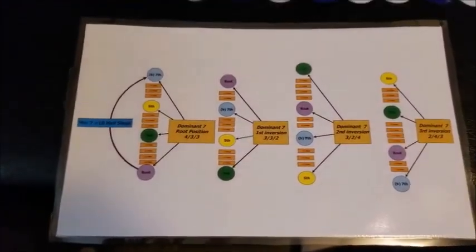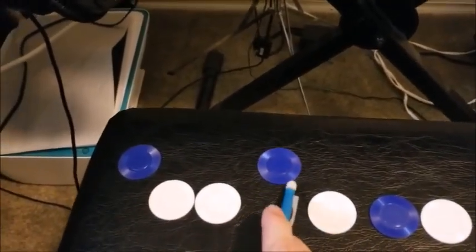Again, our first inversion is going to be 3, 3, 2 position. 3, 3, 2. 1, 2, 3. So we're going to have a third, a fifth, 2, 3. This flat 7th, and the root, 1, 2.